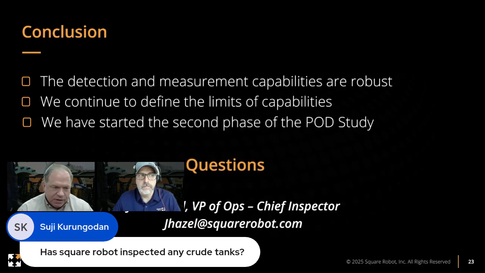So our system is certainly built for that. It's just with the amount of sediment that you have in a crude tank, it's not something that we've used or attempted at this time. If we did have the sediment, certainly I think it would be a possibility, and one of the things that we would look at.